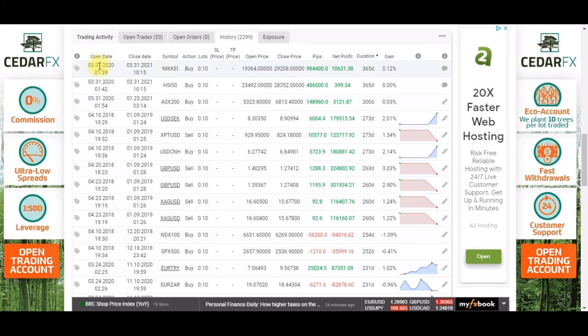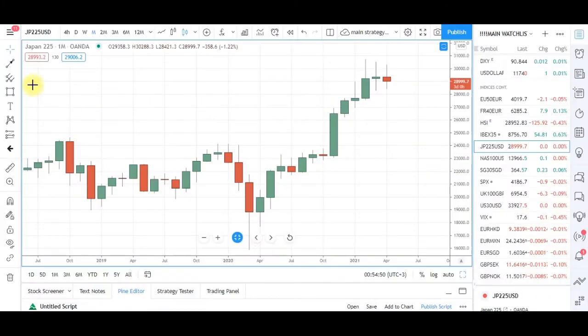March 31st might as well be the same as April 1st, so from April 1st, 2020 to 2021. We bought it at the price of 19,364. Let's chart this out so we can get a visual understanding.